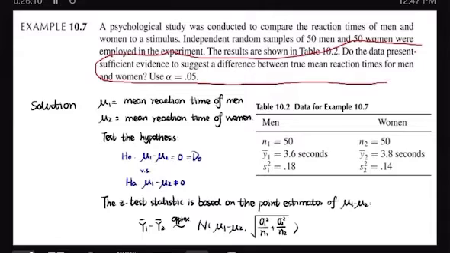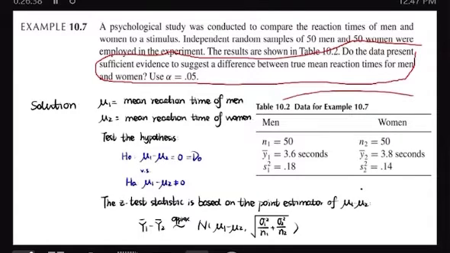They ask: do the data present sufficient evidence to suggest a difference? Whenever you see a difference, the alternative is going to be not equal to. Does that make sense? Here they did not say we're testing for greater than or less than. They wanted to use alpha of 0.05, and they gave you this data.